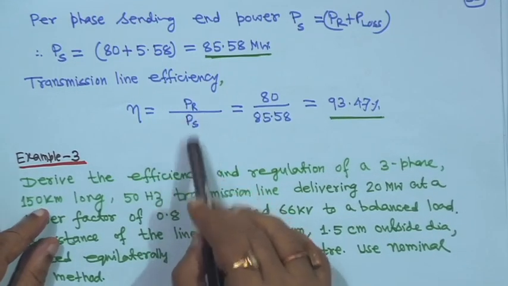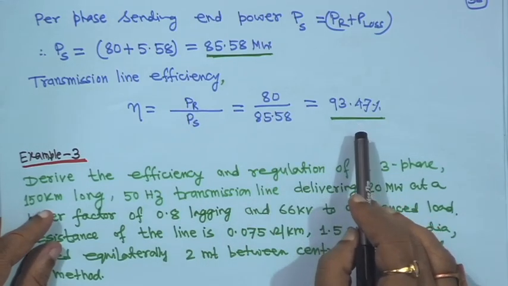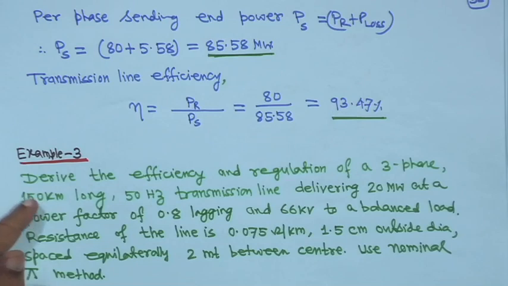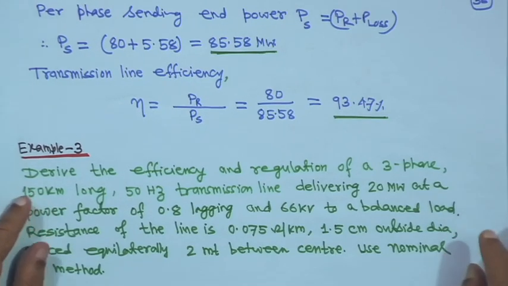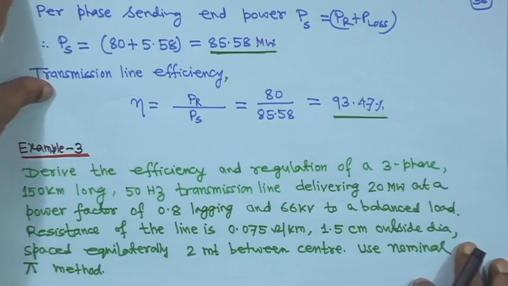Efficiency is equal to PR upon PS, that is 80 upon 85.58, so 93.47%. So, for leading power factor, not always but in this case, the regulation is negative. So, next example.